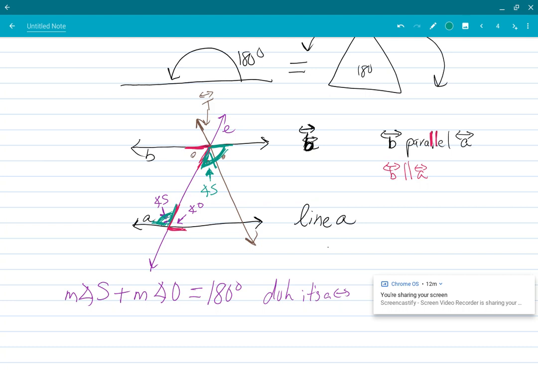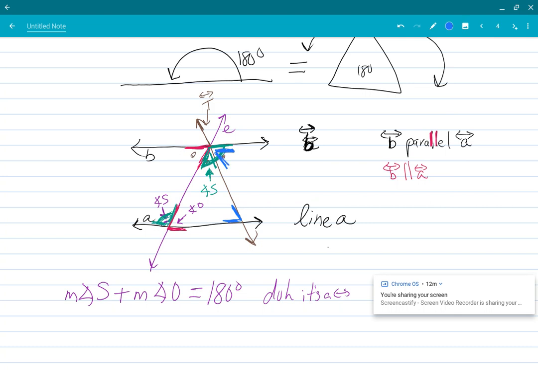So we're basically going to get the three angles inside. Next, I'm going to use a different color. This little blue angle right here is the same as this part right here.